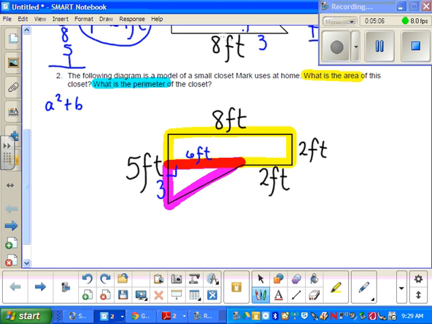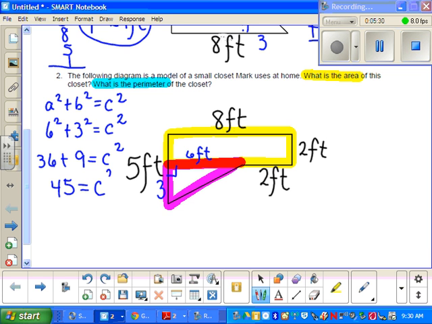So to find my third side of my triangle, I have to use my Pythagorean theorem. So I'm going to do 6 squared plus 3 squared equals c squared. So 6 squared is 36, 3 squared is 9, and that equals c squared. So 45 would be c squared.